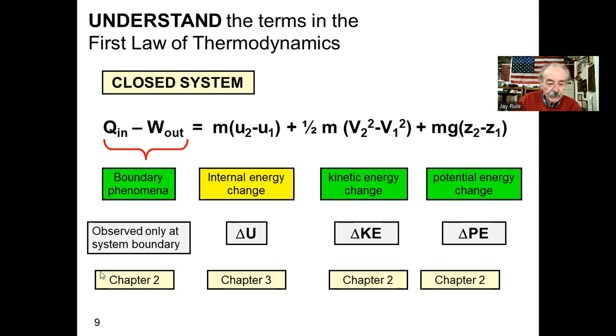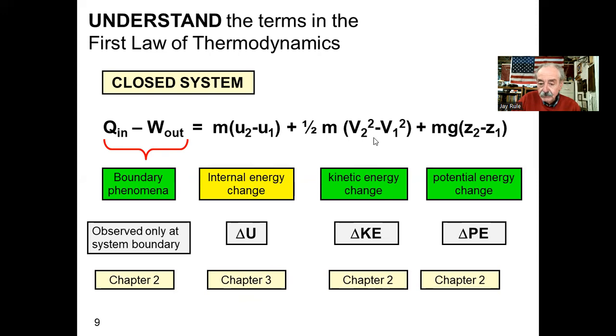Okay, notice here, we covered this in chapter 2, heat and work covered in chapter 2. Okay, equals change in internal energy, delta U, or m times little u2 minus little u1. That's what you're doing in chapter 3. So throughout chapter 3, your instructor is showing you how to evaluate u2 minus u1, delta U, chapter 3.